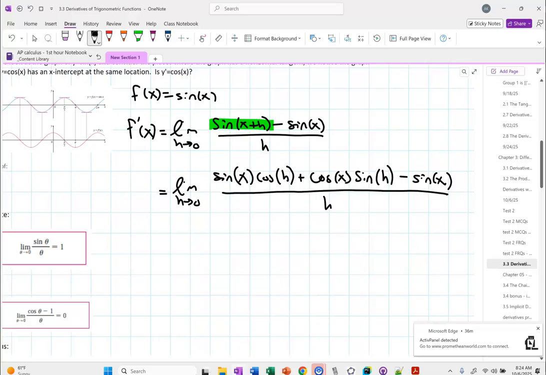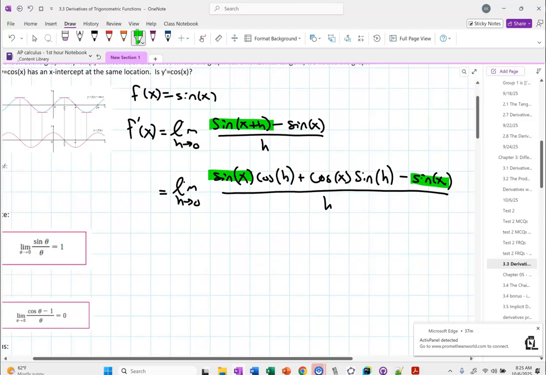Now what? We have two sine x's here, correct?